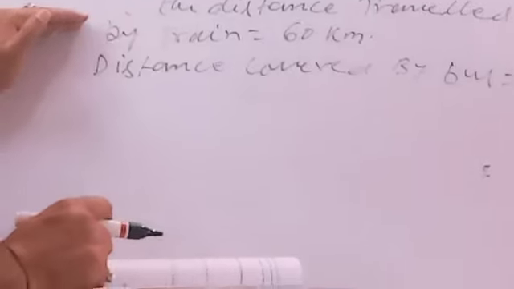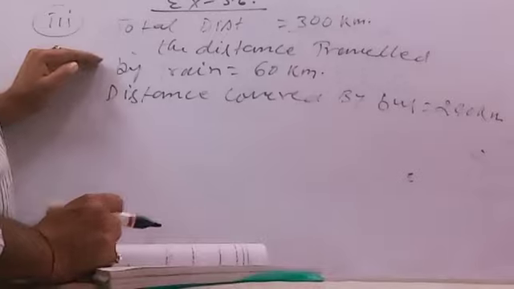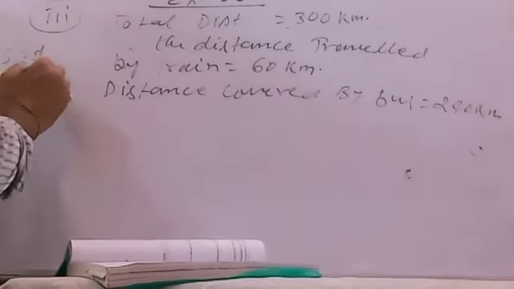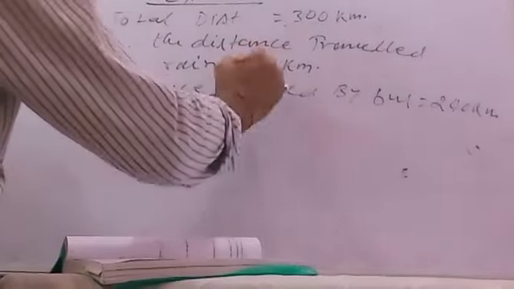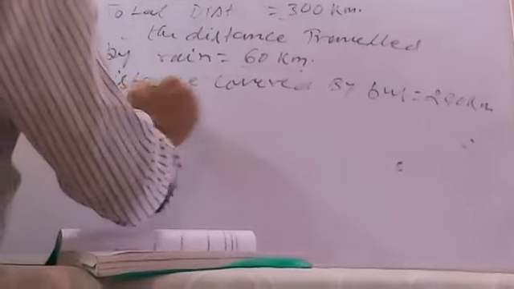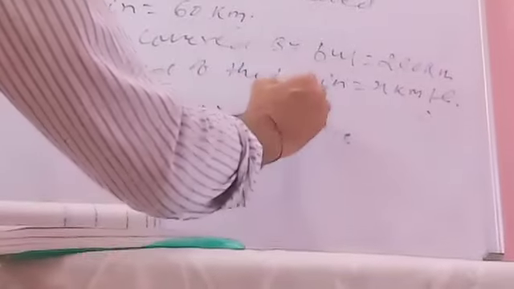Now, speed is equal to distance upon time, so time is equal to distance upon speed. So in the very first case, let the speed of the train be x kilometer per hour. Let the speed of the bus be y kilometer per hour.